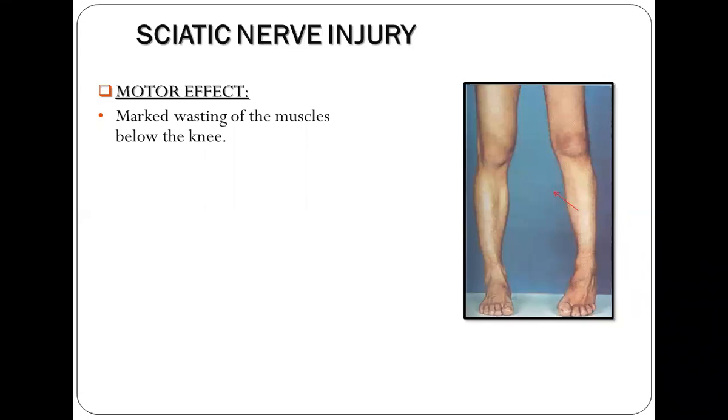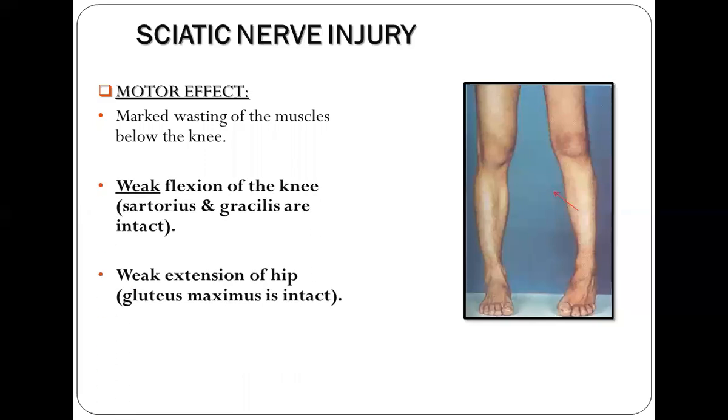You will be learning it in the compartments of the leg. So when sciatic nerve is injured in the gluteal region, the muscles of the leg, which is below knee, will also be affected. So here you can see in the left lower limb, there is wasting of muscles marked with the arrow when you compare it with the healthy limb.